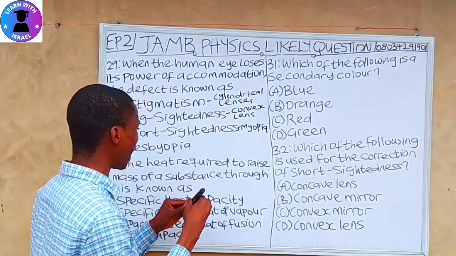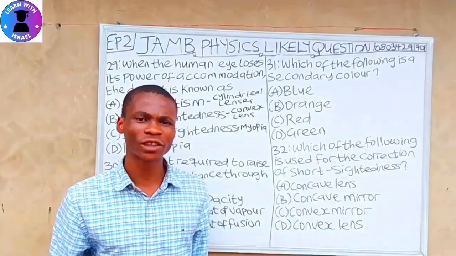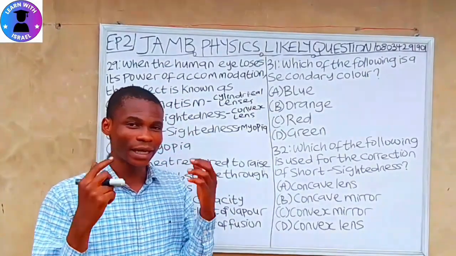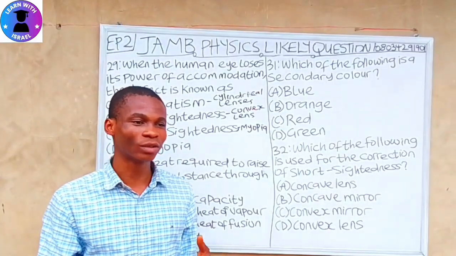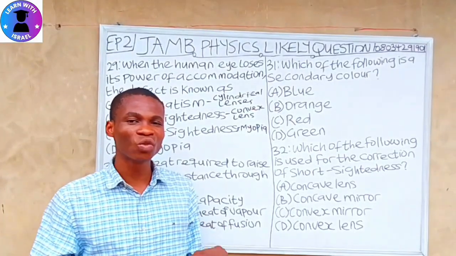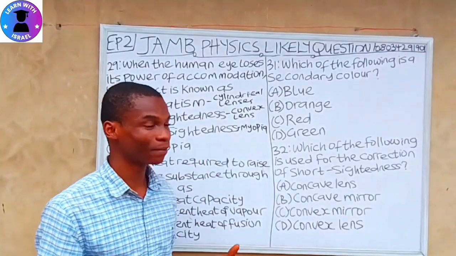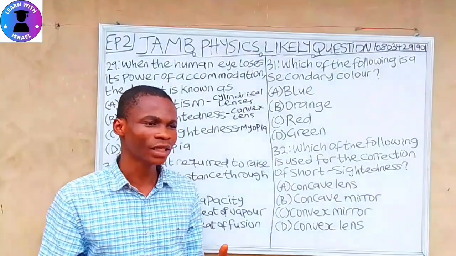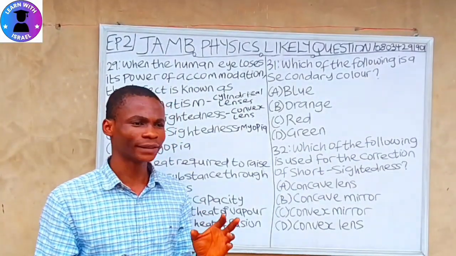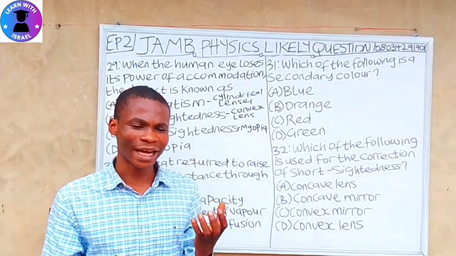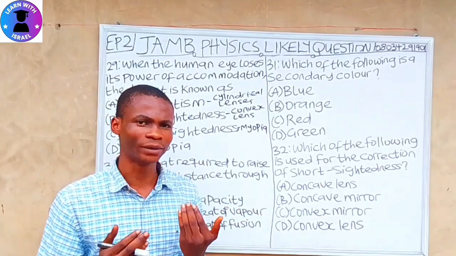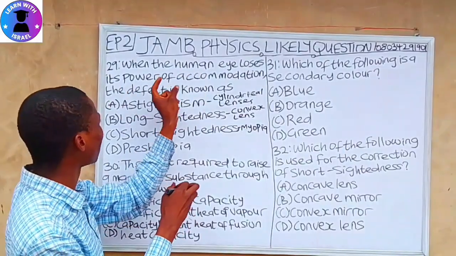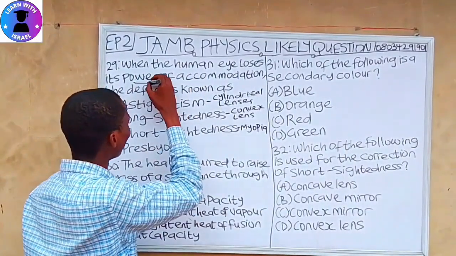Presbyopia is a defect of the eye, and it occurs when the eye is aging. When an individual gets to a certain age, the eye will begin to age, and this is when presbyopia occurs. Presbyopia is the loss of the ability of the eye to focus on distant and near objects. So the question says, when the human eye loses the power of accommodation, what is the power of accommodation?